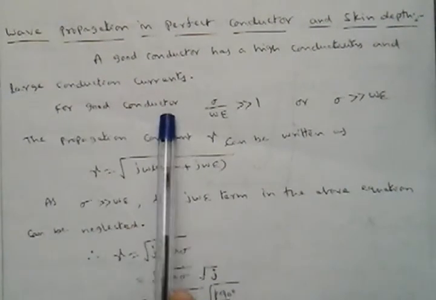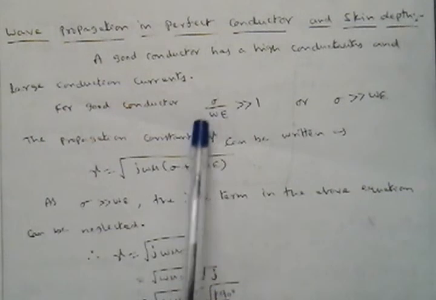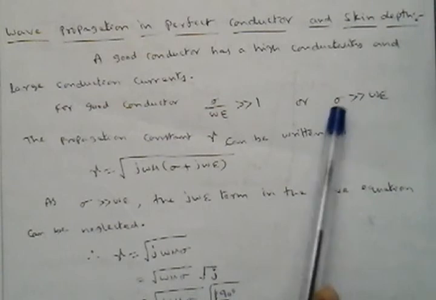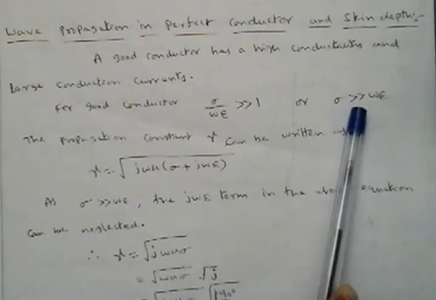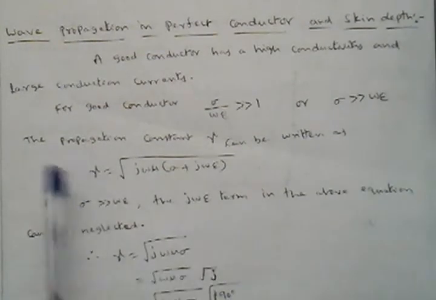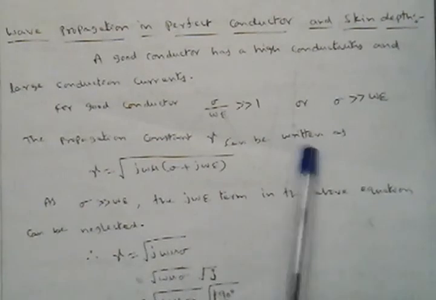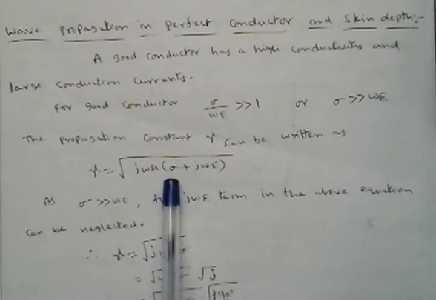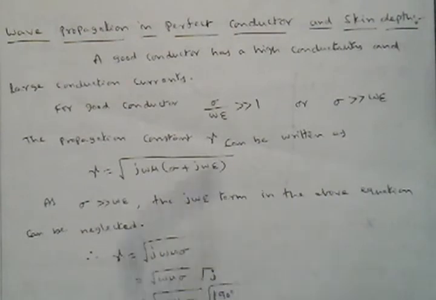For a good conductor, the ratio sigma divided by omega epsilon is always greater than 1, or otherwise sigma is greater than omega epsilon. So the propagation constant gamma can be written as gamma equal to square root of j omega mu times (sigma plus j omega epsilon).